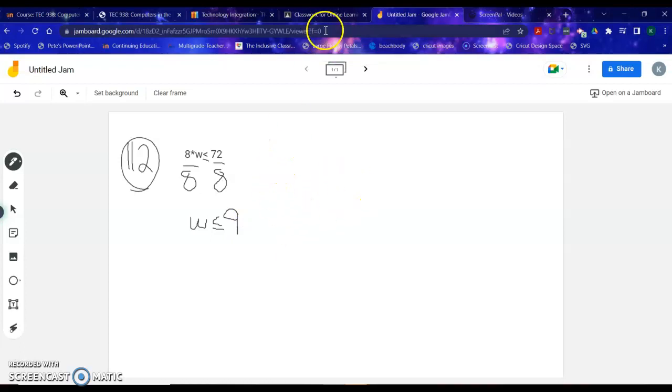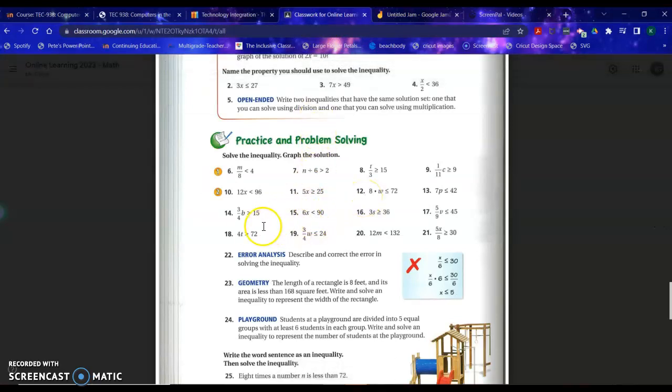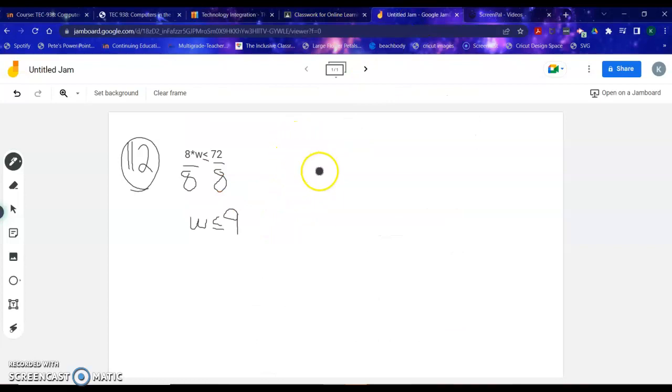So now we're going to take a look at number 14, because it's 12 through 26 even. So 14 says 3/4 B is greater than 15. So this is 3/4 times B is greater than 15. So again, this is number 14. We'll do it in a different color.